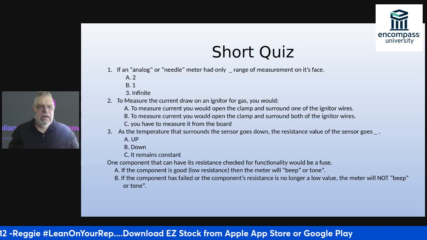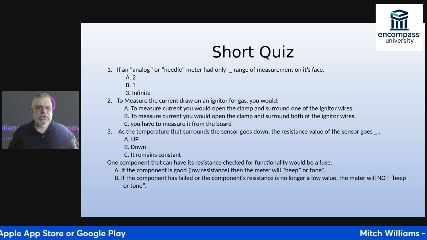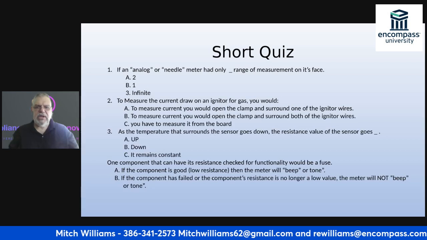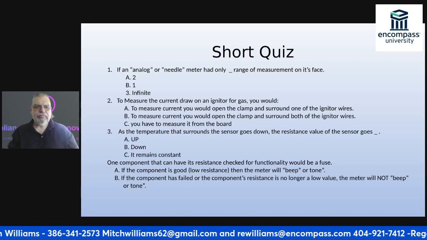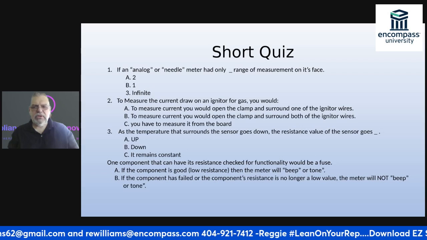Okay. As the temperature that surrounds a sensor goes down, the resistance value of the sensor goes up, goes down, or remains the same. What's the answer to number 3?